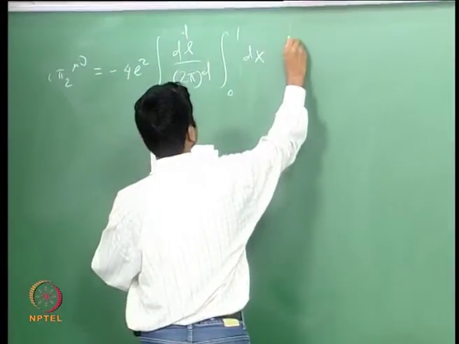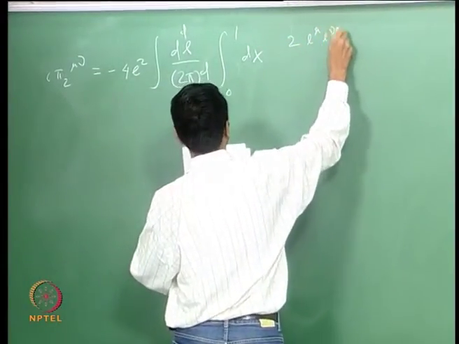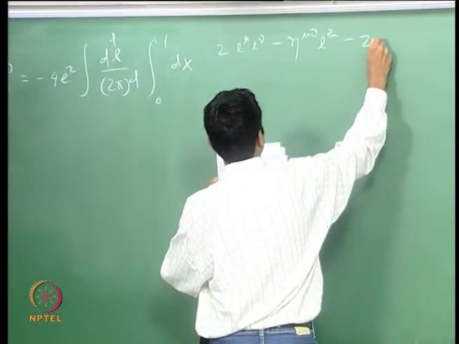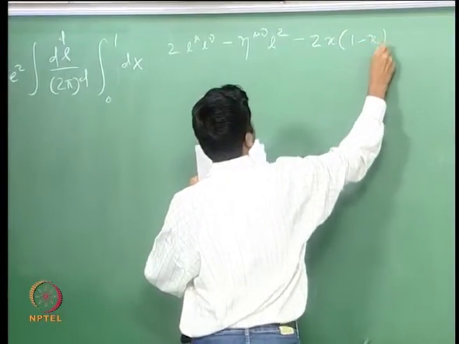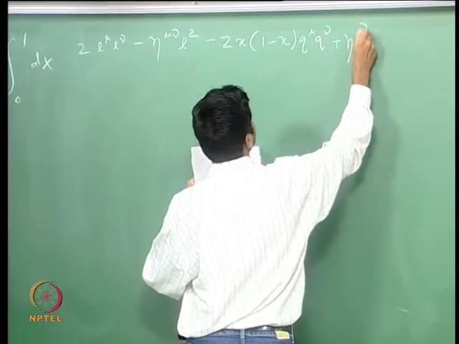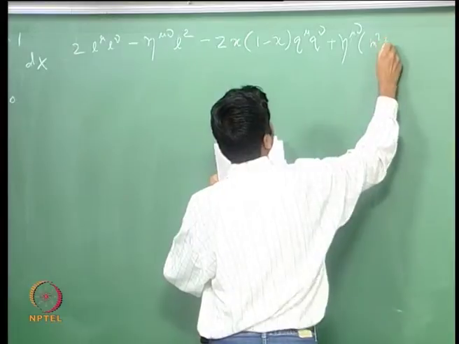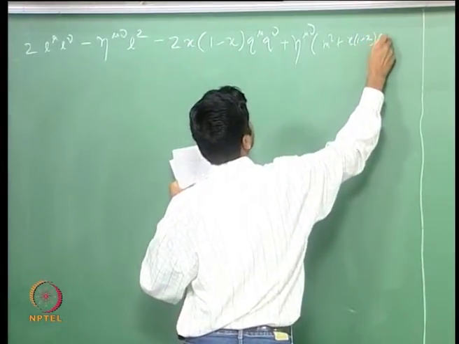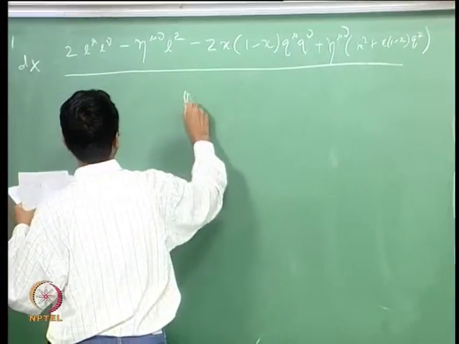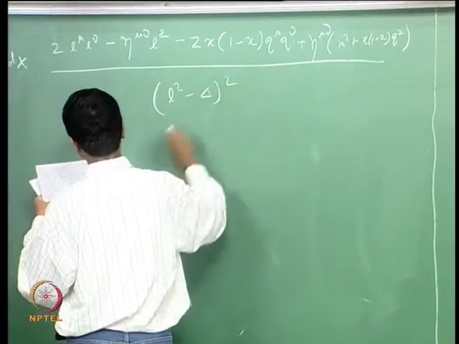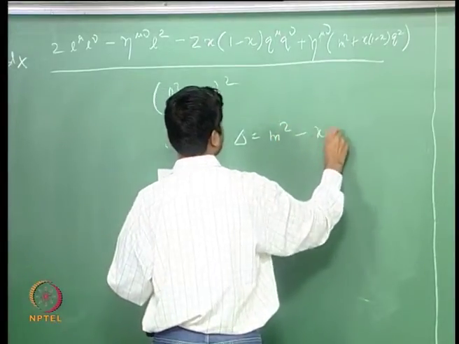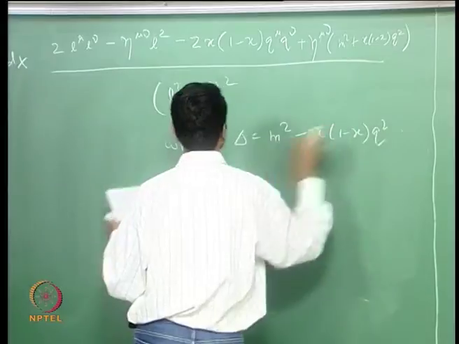I am merely rewriting it: 2L^μ L^ν − η^μν L² − 2x(1 − x) q^μ q^ν + η^μν (m² + x(1 − x) q²). This is the numerator, and in the denominator you have (L² − Δ)², where Δ is equal to m² − x(1 − x) q².